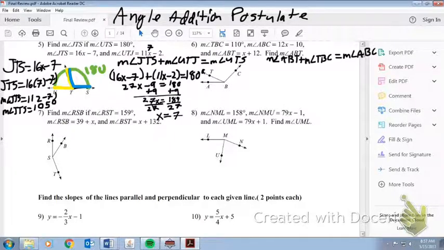And then you can just go ahead and plug everything in. TBC is 110. ABT is x plus 12. And ABC, 12x minus 10.